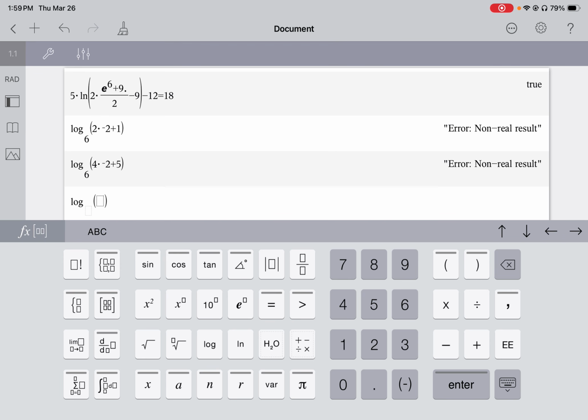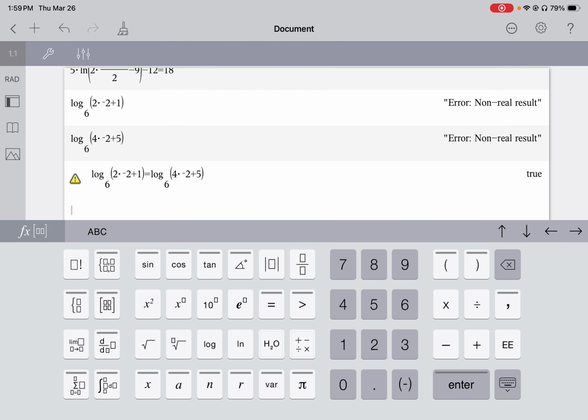What would happen if we plugged in everything together? Log base 6 of 2 times -2 plus 1 is equal to log base 6 of 4 times -2 plus 5. And it says true, so that's why this is misleading, okay? So that's why I'm asking you to do it separately, the left-hand side and then the right-hand side.